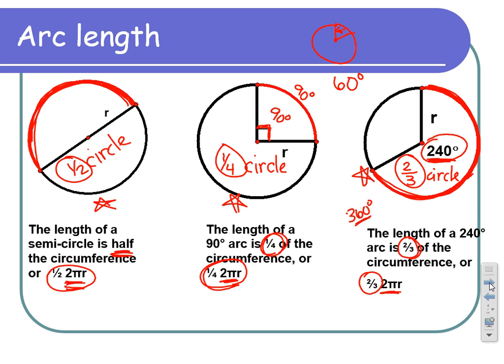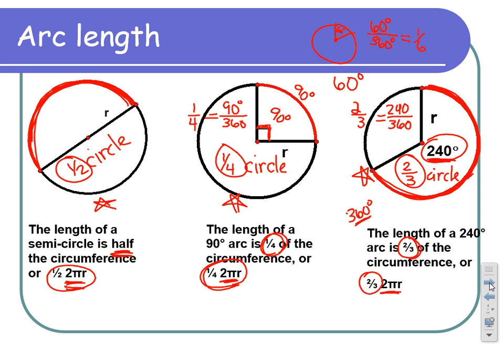Well, 60 degrees compared to 360 degrees, that's 1/6 of my circle. Just like when I compare 90 to 360, I'm dealing with 1/4 of my circle. Or over here, when I compare 240 to 360, I get 2/3 of my circle.